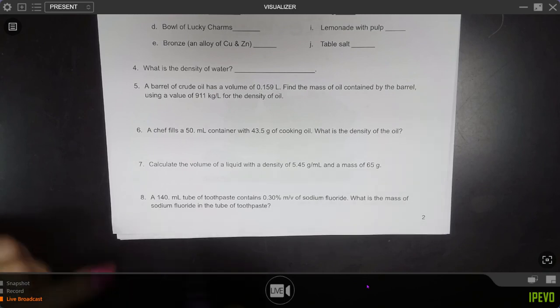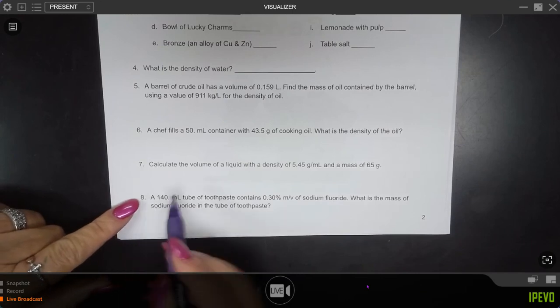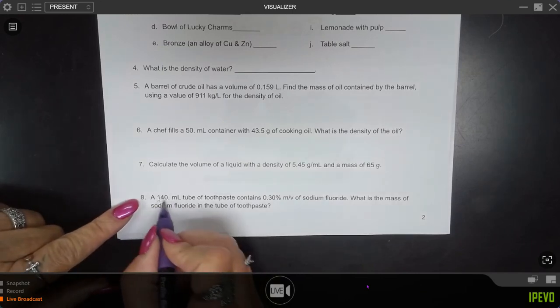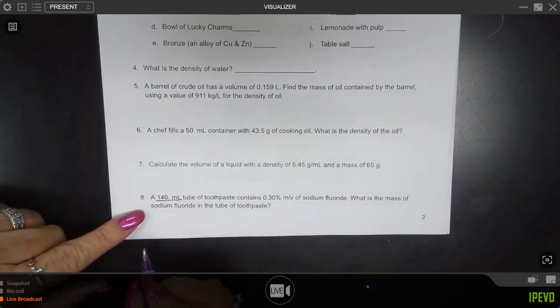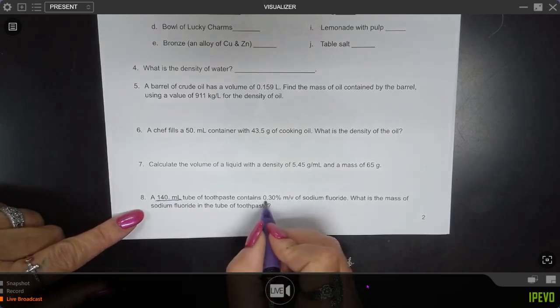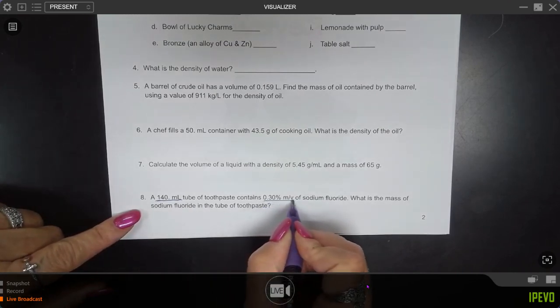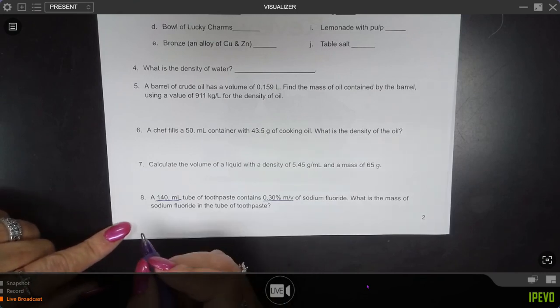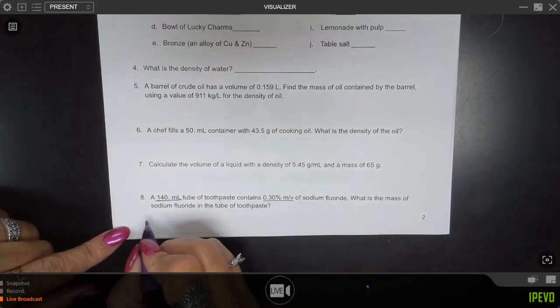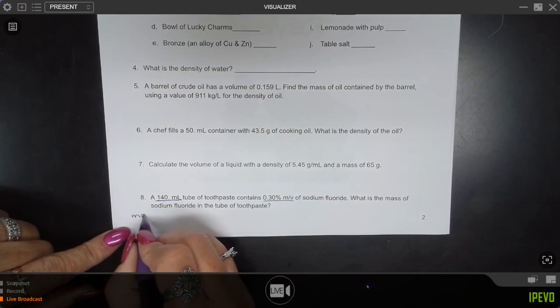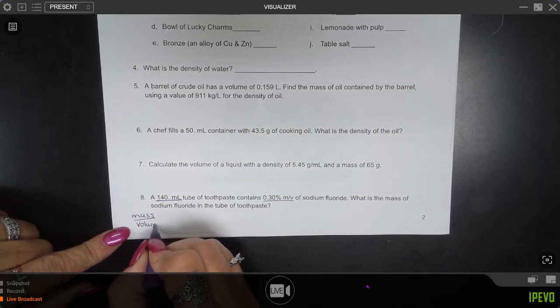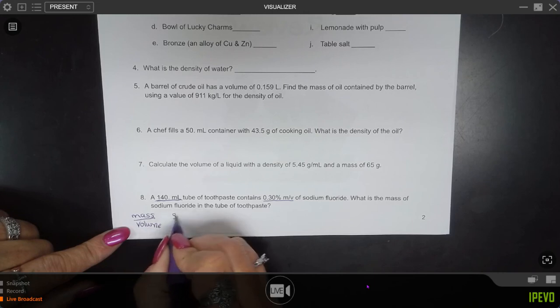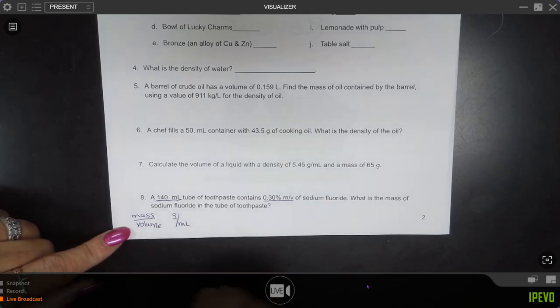All right, so if you look at number 8, it says we have a 140 milliliter tube of toothpaste, and it contains 0.3% mass over volume. So basically when it says mass over volume, it's talking grams over milliliters, okay?